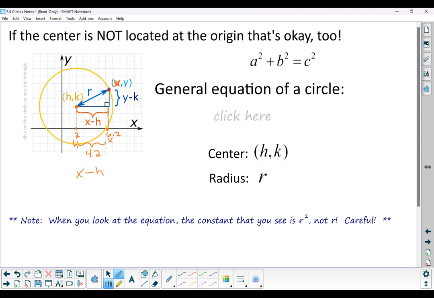And we subtract those, just like I subtracted the 2 from the 6.2 to get 4.2. So one of the legs of our triangle has a length of x minus h. So in the Pythagorean theorem, we're going to replace that a with an x minus h because that's one of the legs of the triangle. And then, of course, it's squared.